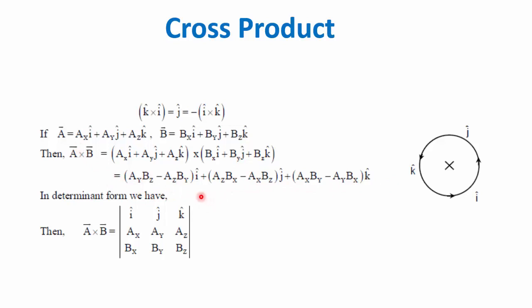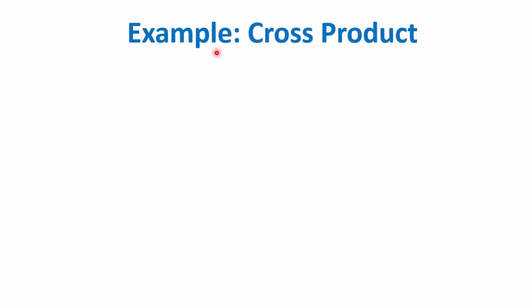Obviously a cross b will give you a result as a vector where the vector will have three directions i, j and k. You can also determine it in a determinant form. So you will get the same, either you can follow this formula or you can use the determinant formula to calculate the cross product of two vectors.